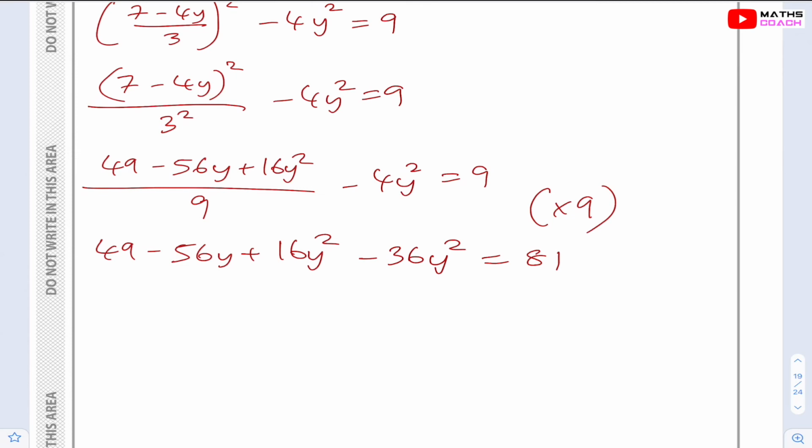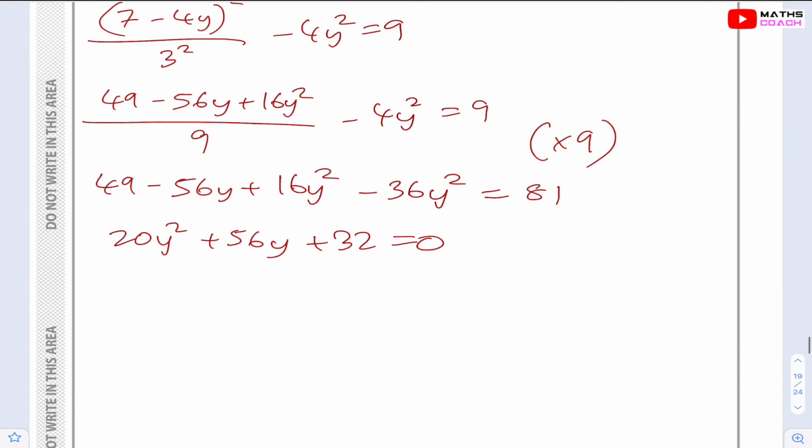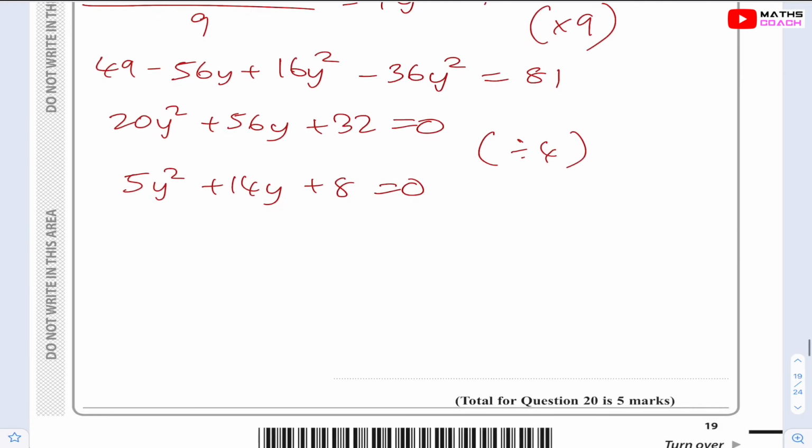Next, we'll collect all the like terms and put everything over to one side, so we have only 0. That gives us 20y squared plus 56y plus 32 equals 0. What we can do to make this more simple is divide the whole thing by 4, and we get 5y squared plus 14y plus 8 equals 0.